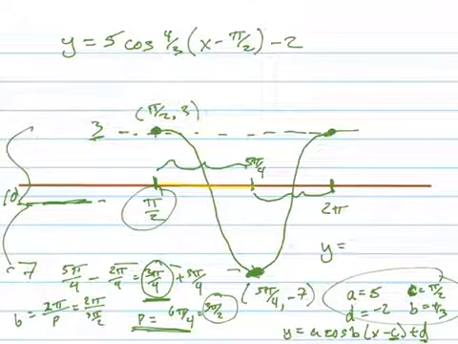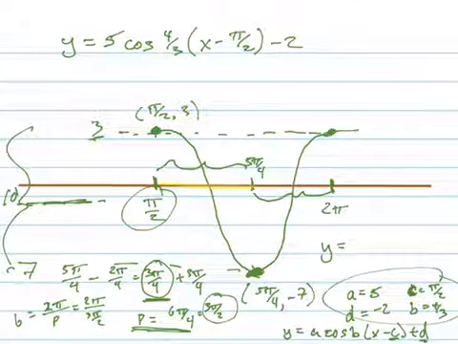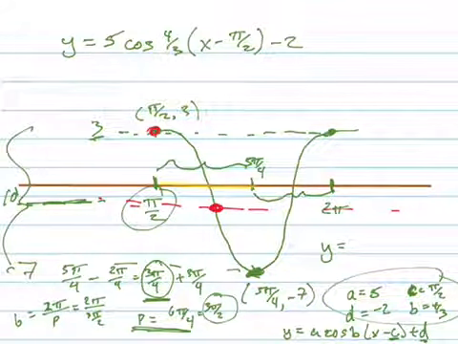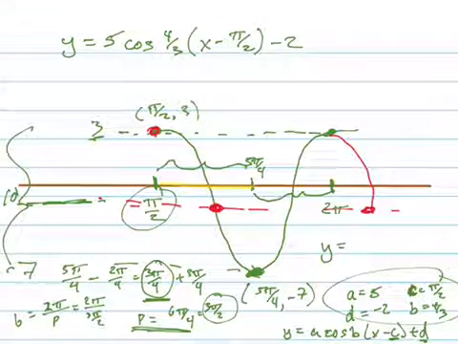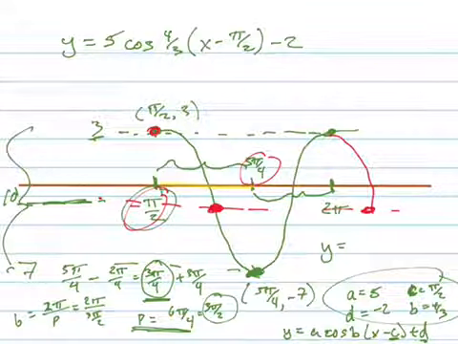Now for the sine graph, the only difference is that instead of starting at the top, you're going to start right here, and you're going to end right here. So where is that point? It's halfway between these two points.